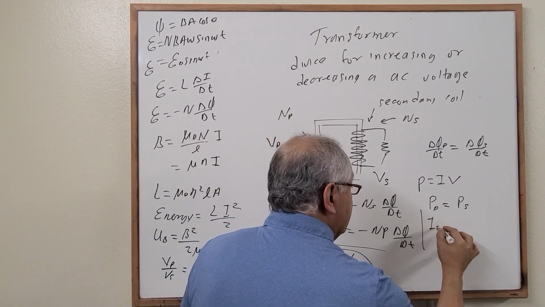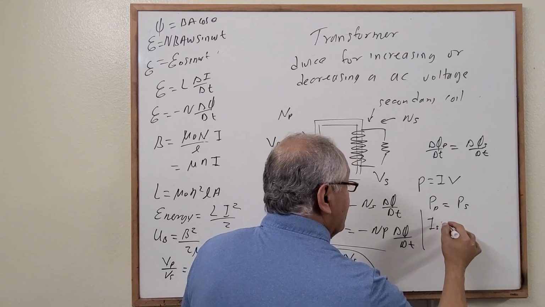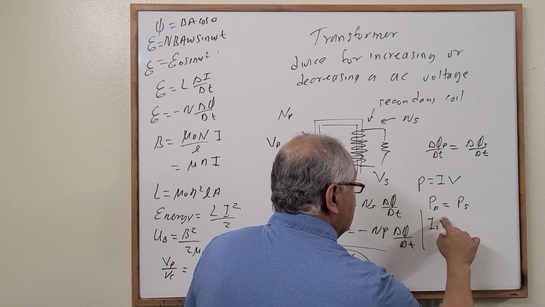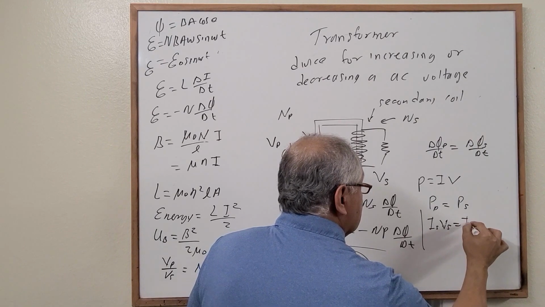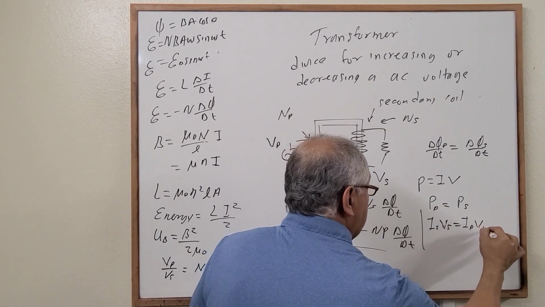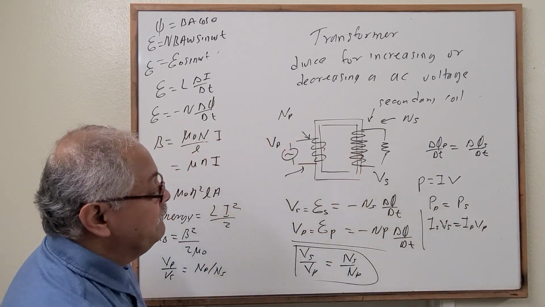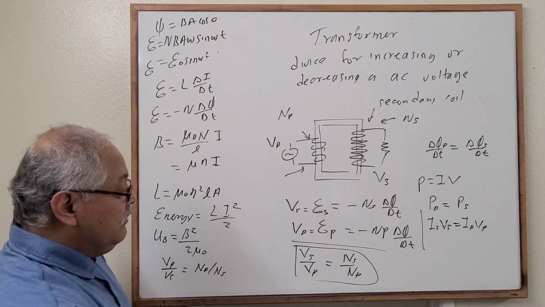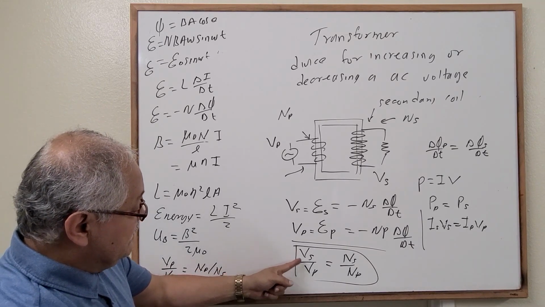That means that current times voltage is equal to current times voltage, right there. Now let's arrange something like in this case.